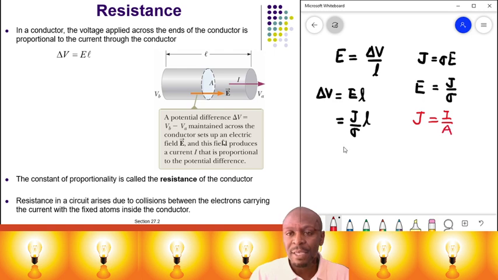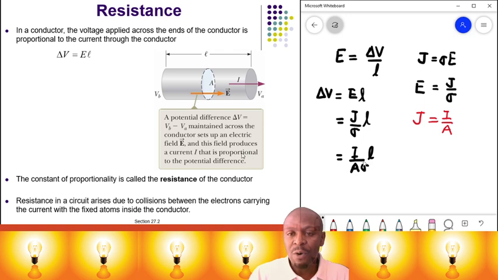As a result, whenever I see J, I'm just going to write this. Therefore, that is just going to be I over A times sigma, times L. All right, that is the case.